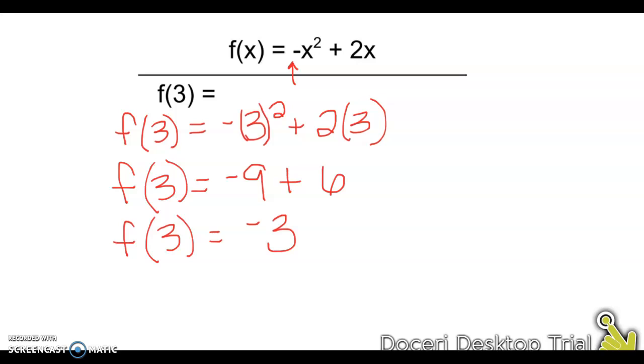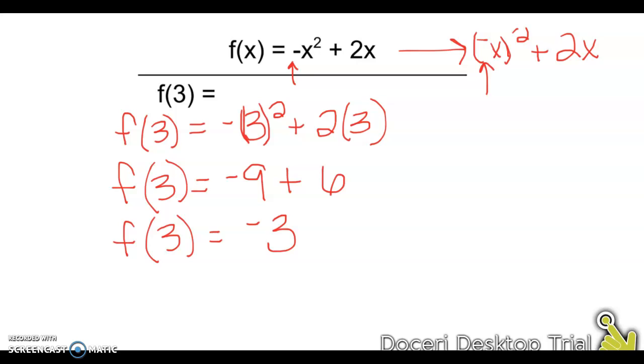So one thing I want you to make sure of: had this been written negative x, quantity squared, our answer would have been different. But the negative was not included in a parentheses.